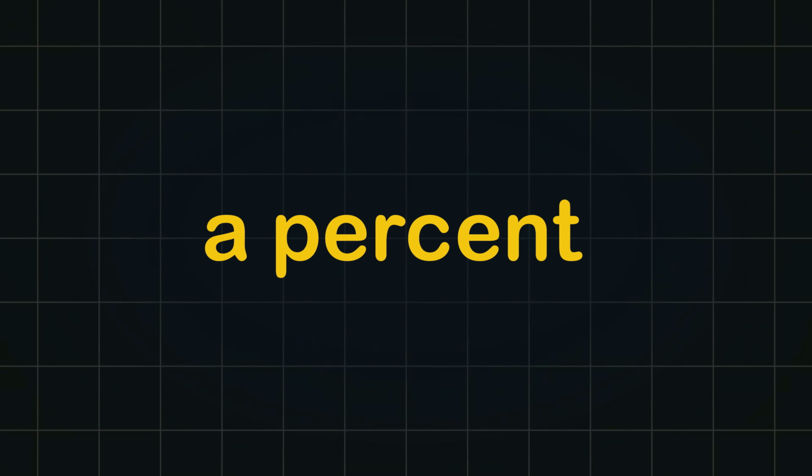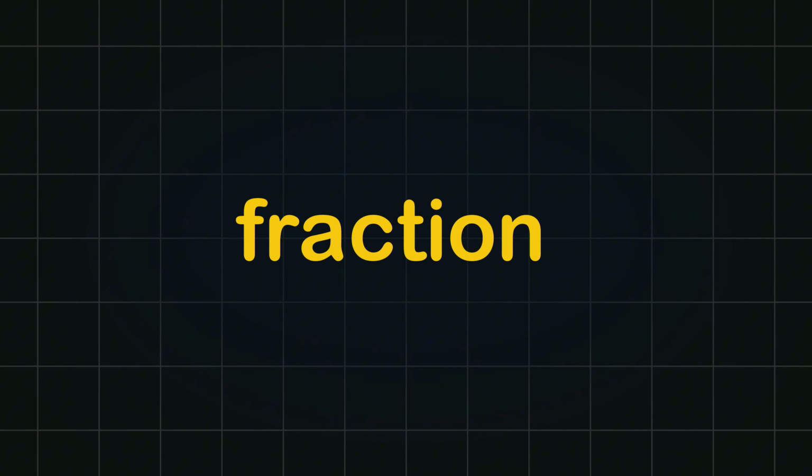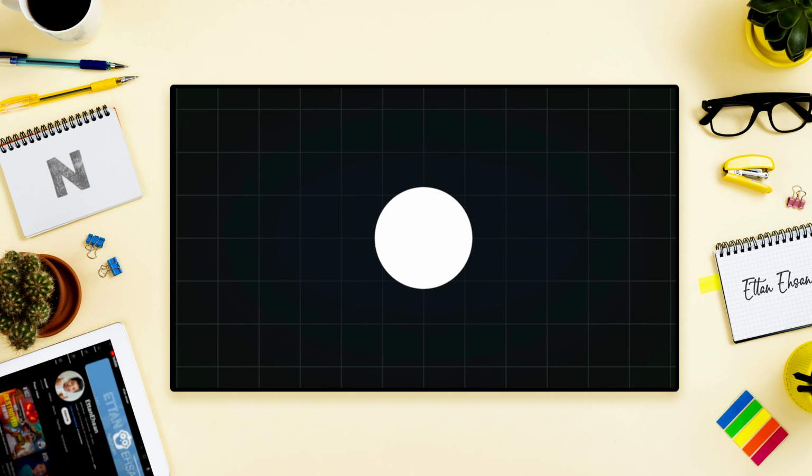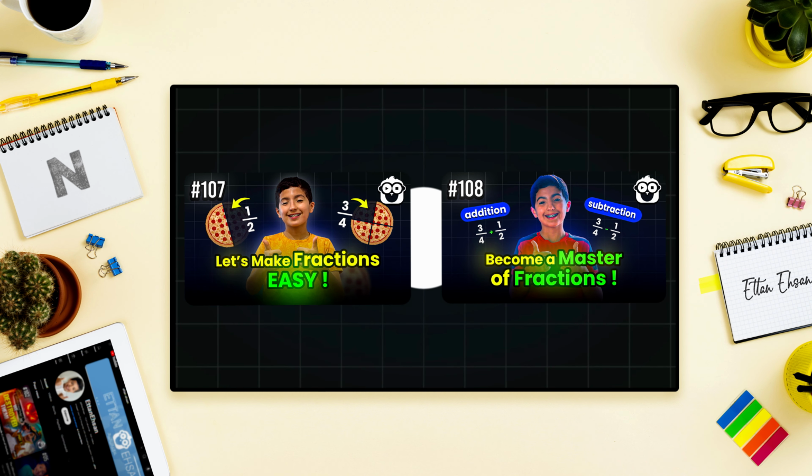So first of all guys, we need to know what is a percent. So basically a percent is very similar to a fraction. And later in this video, we're going to learn more about what is the link between these two. But first of all, we need to know what is a percent. So imagine we had this circle, okay? And by the way guys, if you haven't watched our past videos in the past episode that I've made about fractions, you should definitely watch them because they cover everything.